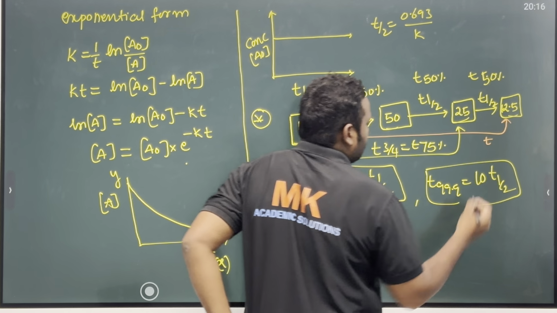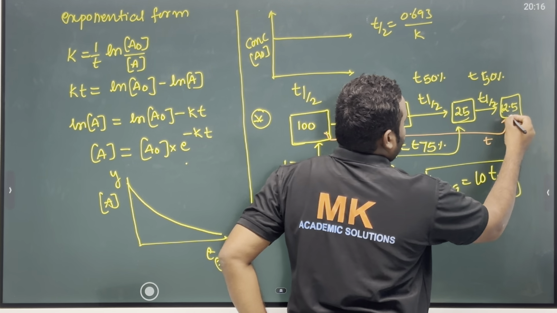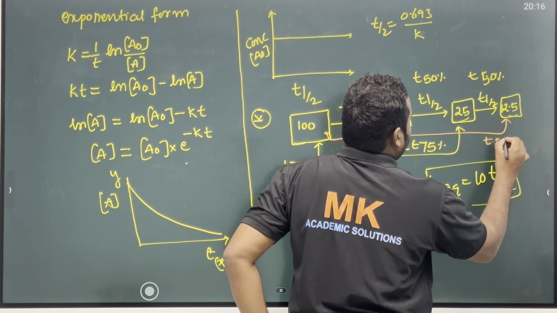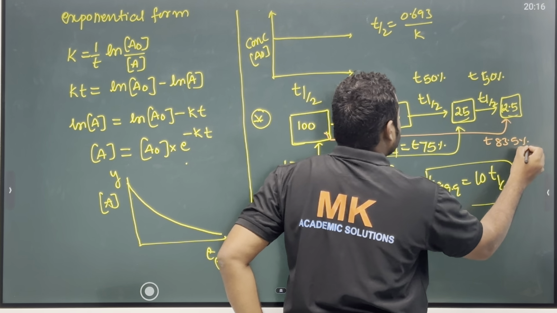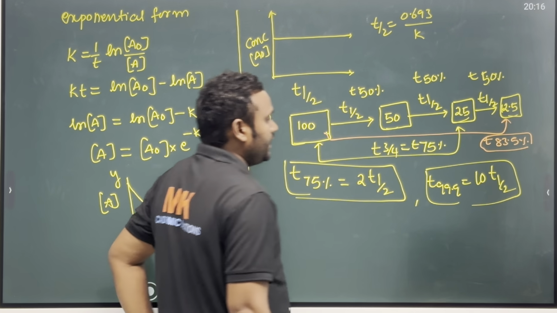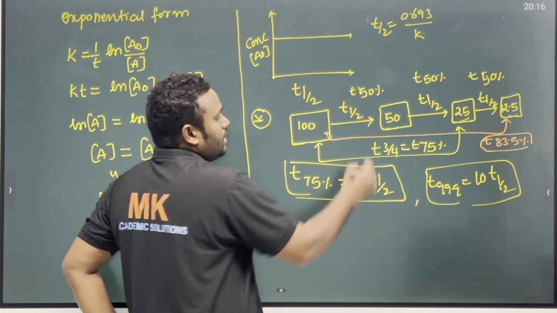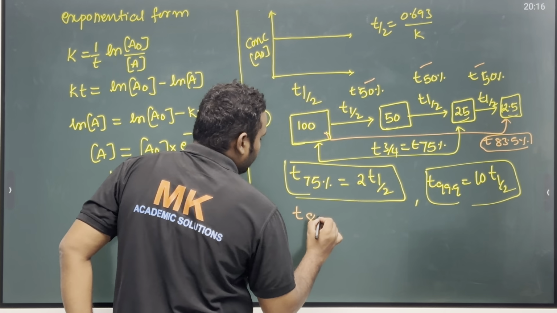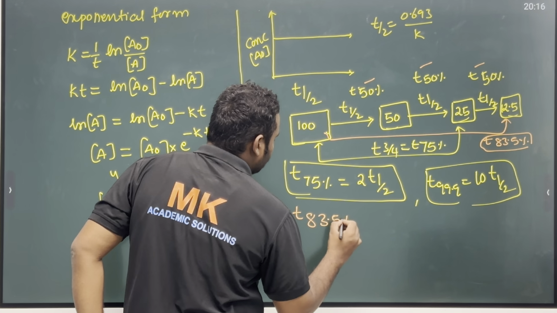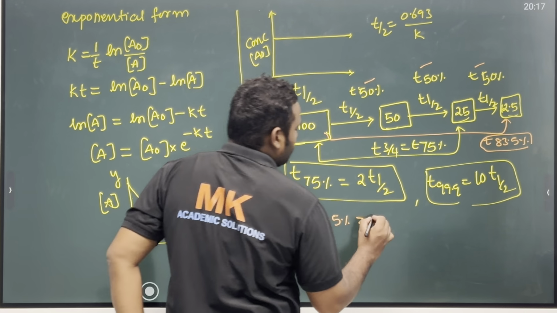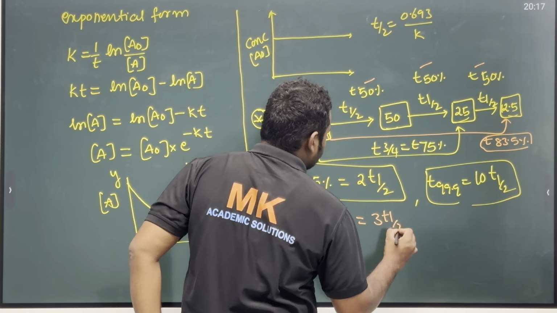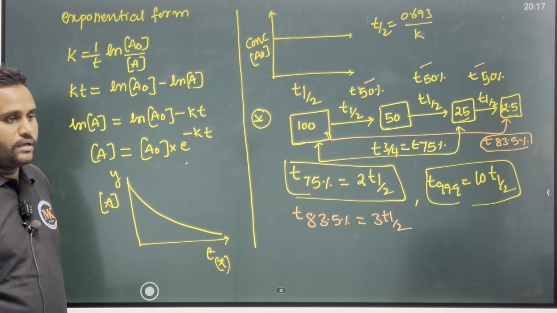This is T 87.5%, means the time required for the completion of 87.5%. See here how many T halves are required? 3 T halves are required. So therefore T 87.5% is equal to what? 3 T halves. So in this first order reaction.